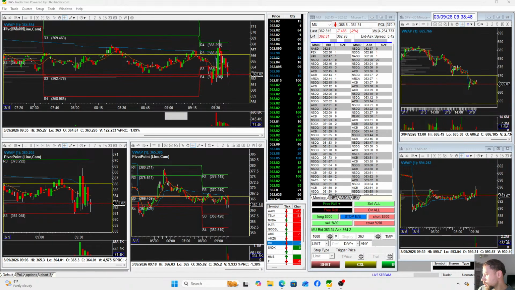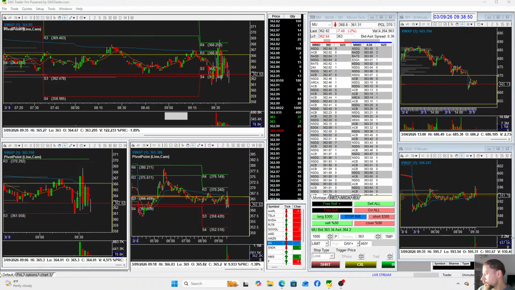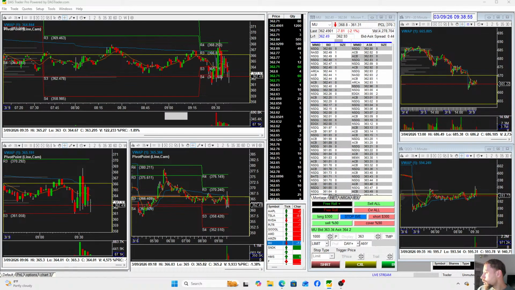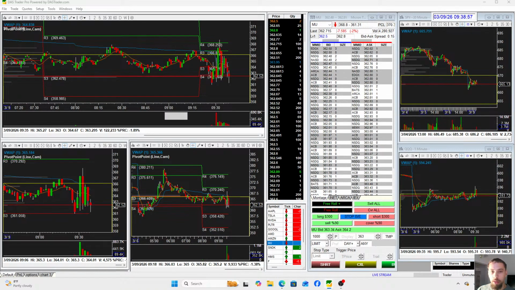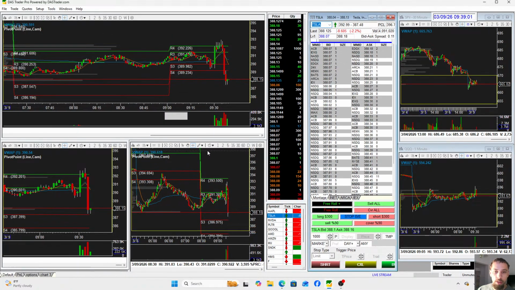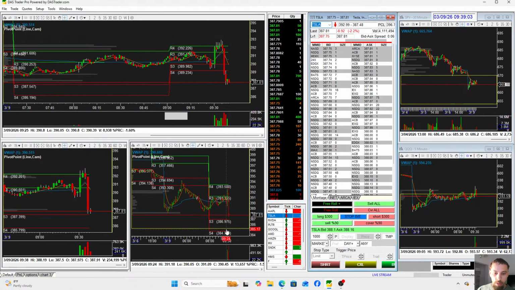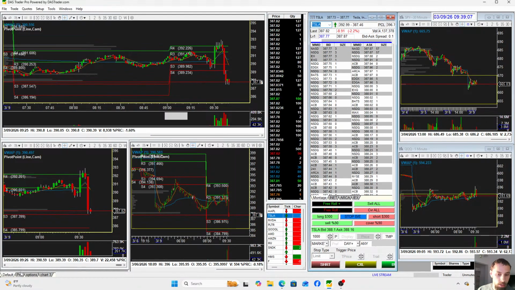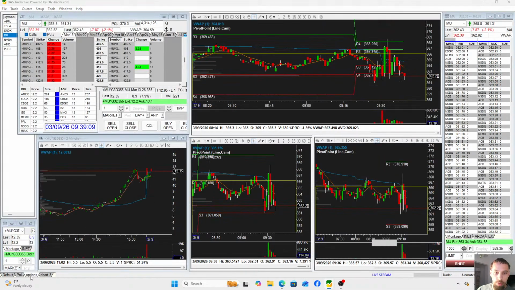Let's see. Tesla's actually getting near the box as well. Let's pull up Tesla for you guys. You can see, if we zoom out here, a 3-minute chart, starting to move down towards that box, and it's moving down pretty aggressively.